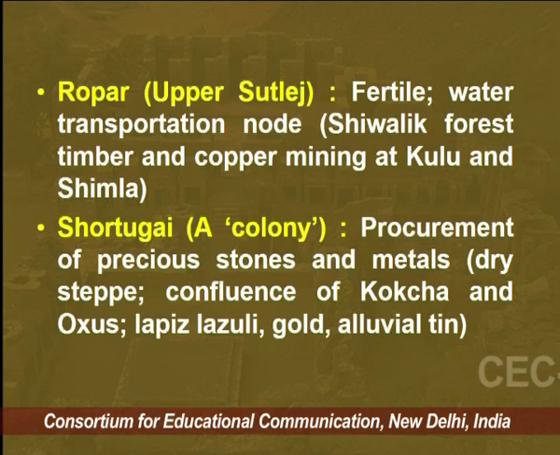Because it was facilitating exchange or transaction of some luxury items like procurement of precious stones and metals could be happening from this site, and that's why it is there. Otherwise, we cannot understand it with reference to its agrarian potential or its fertility or anything else.